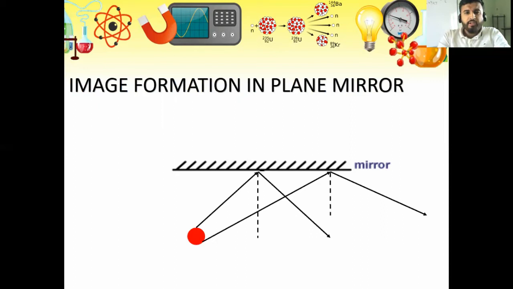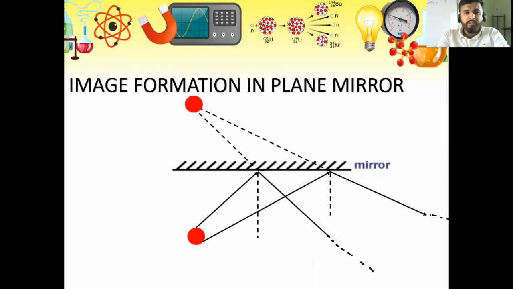Now if we observe that these lines are moving away from one another, and we try to extend them in the backward direction, they will meet each other like this. And the point of intersection of the lines is the point where the image is observed.